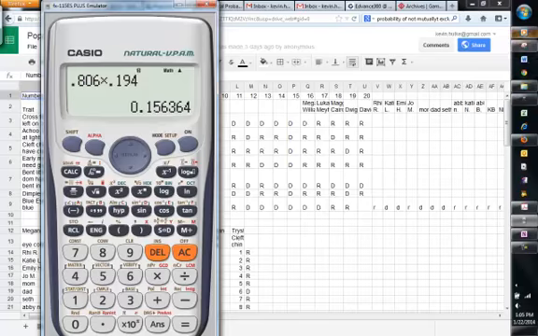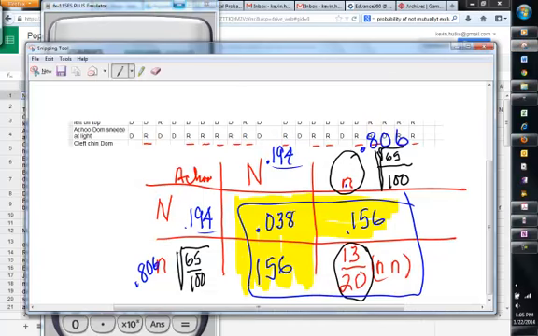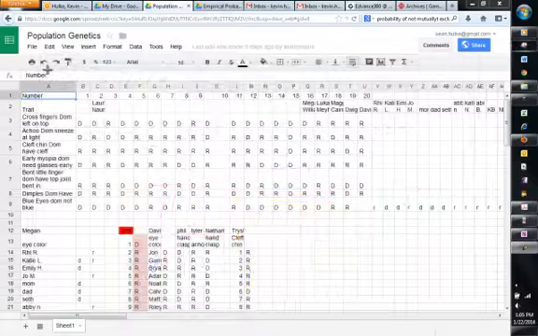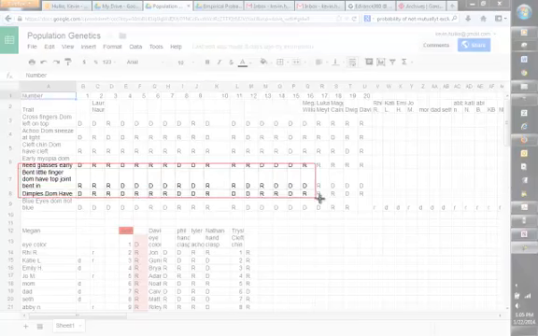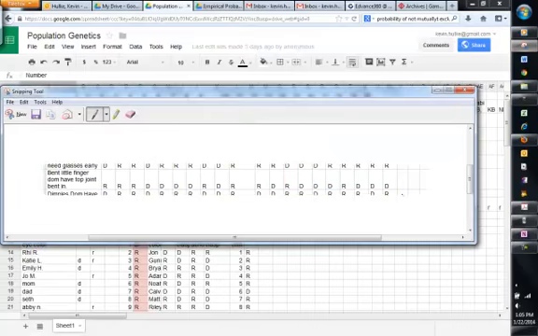Let's see if we can choose another set of numbers here. Did anybody do bent little finger? I can't tell. Let's just pretend that the only bent little finger we have is this one right here. Okay, so recessive, we have 1, 2, 3, 4, 5, 6, 7, 8.